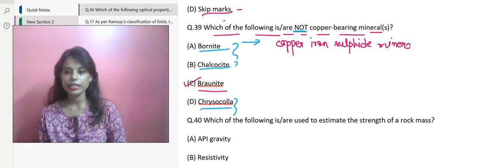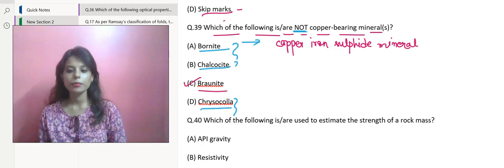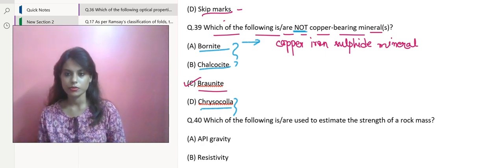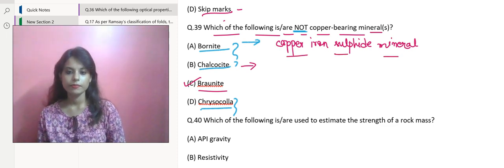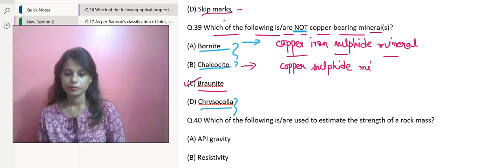And this is commonly found in hydrothermal veins and in association with other copper minerals. Okay. Now talking about chalcocite, it's a copper sulfide mineral. I'm writing it down. Copper sulfide mineral, and this is commonly found in secondary enrichment zones of copper deposits. Okay.